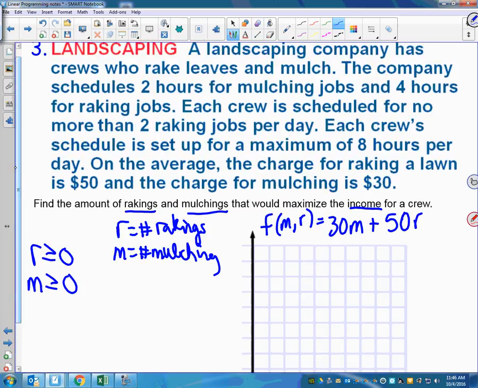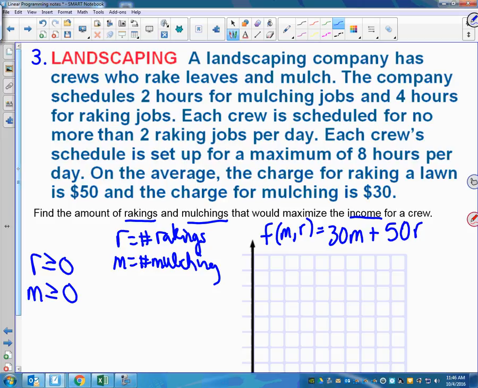So now here's where the other part comes in. I think this sentence is the next easiest one to do. It says, each crew is scheduled for no more than 2 raking jobs per day. How could I write an inequality to say I cannot have any more than 2 rakings per day?